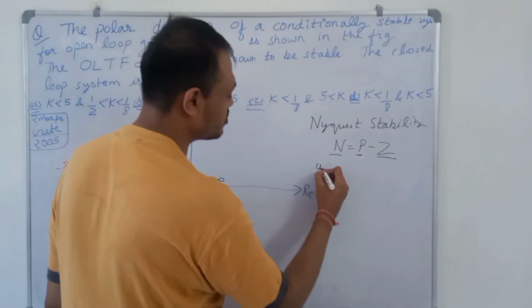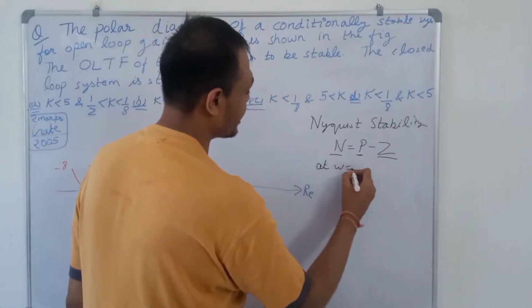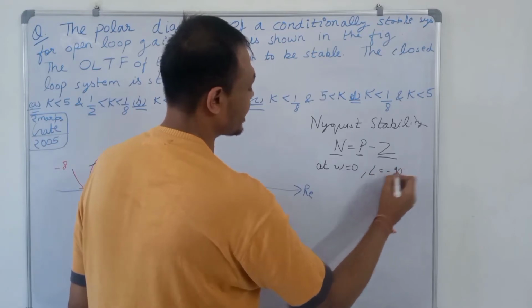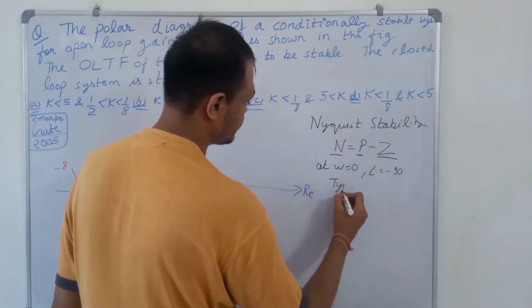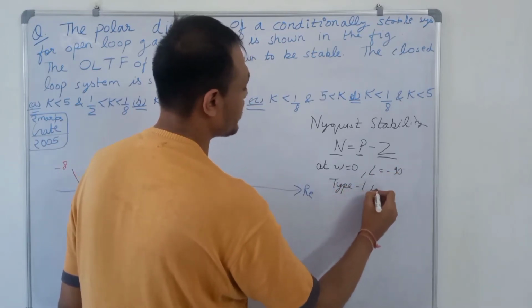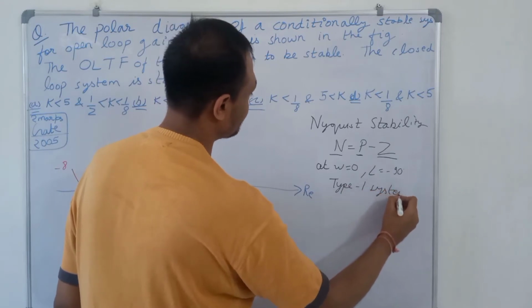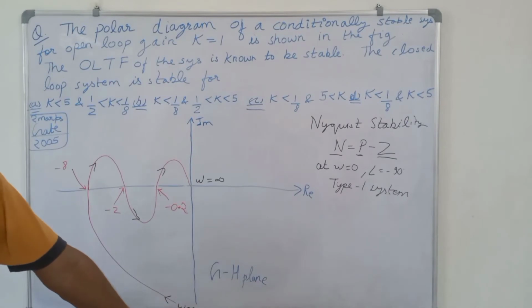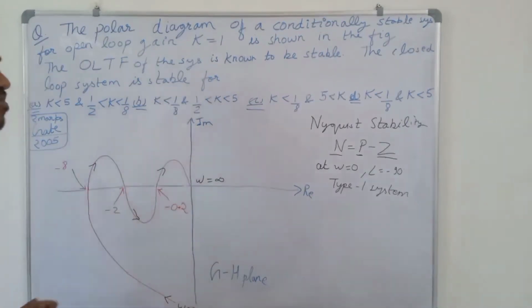At omega equal to 0 the angle is minus 90. So it is a type 1 system. This is the first point which we notice from this polar plot, because at omega equal to 0 the angle is minus 90, so this is a type 1 system.